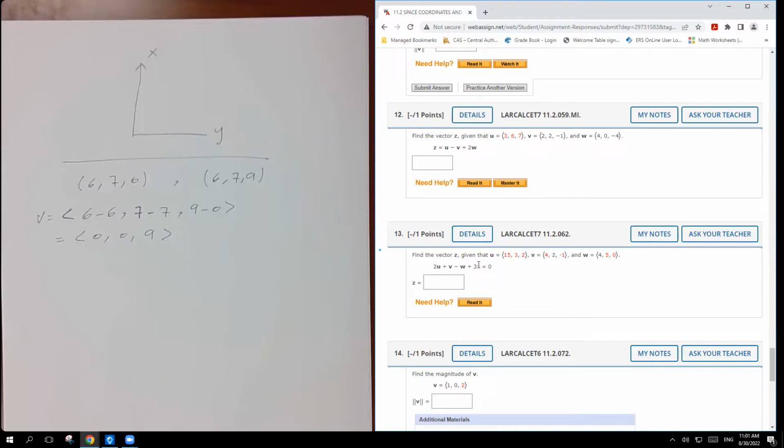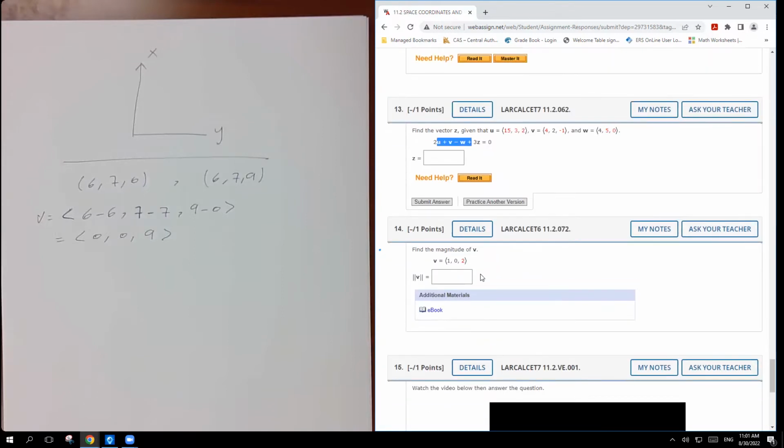Z exists on this side. How are you going to find Z? First, you have to move all these variables to the other side, because you need to keep Z by itself. When you find the vector, divide by 3, and you'll find the vector Z.